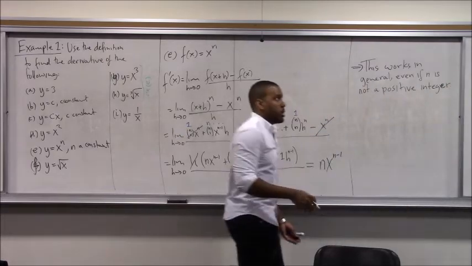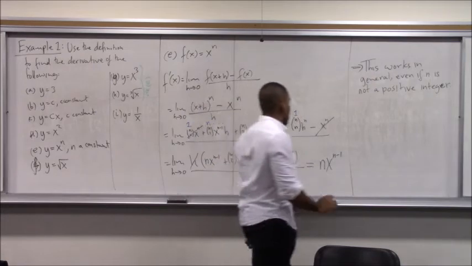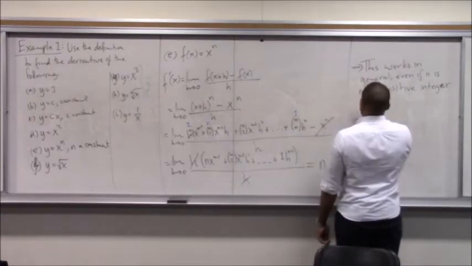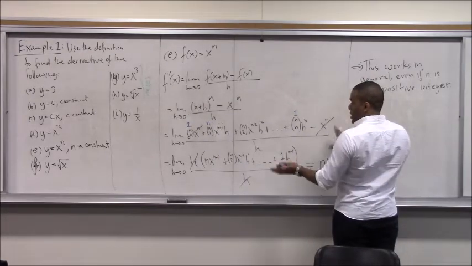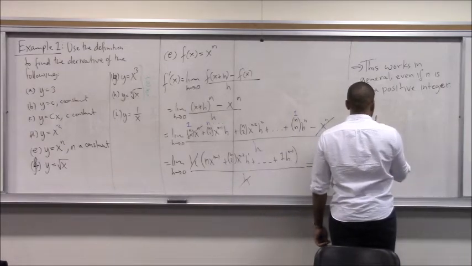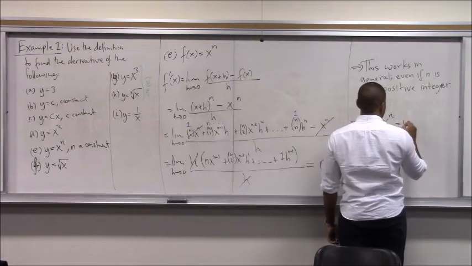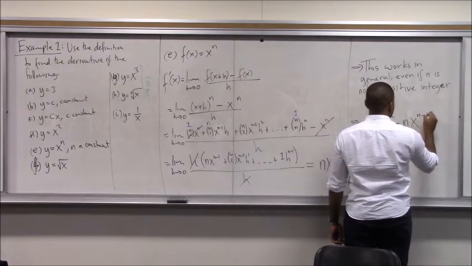You'll need to know about exponential functions and log functions and some other rules to prove it in general. But just take my word for it, this will work in general, and we can say, for example, that the derivative of x raised to a constant power is going to be n x to the n minus 1.